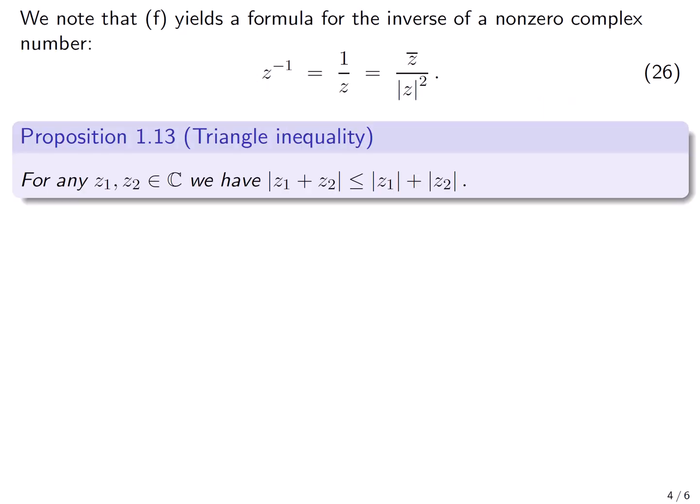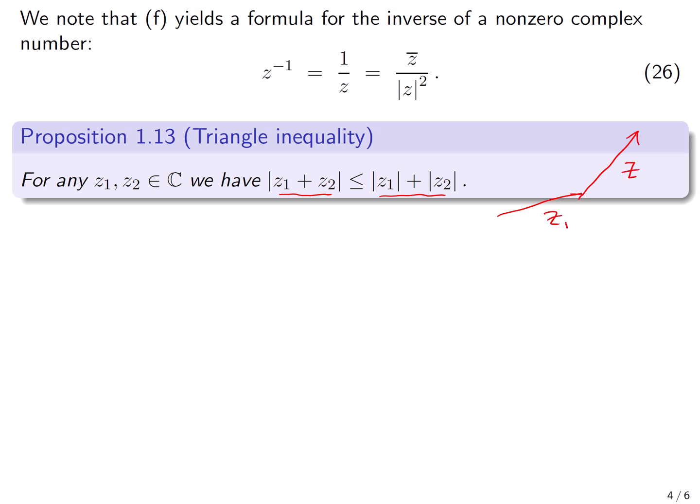And also we have one of the very important formulas called the triangle inequality. What it says is that the absolute value of a sum is less than or equal to the sum of absolute values. So why do we call this a triangle inequality? You can see that this is how you draw a triangle. If you have two complex numbers, one is z1 and the other one is z2.